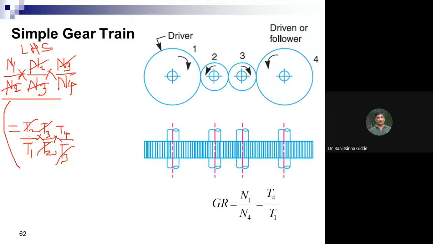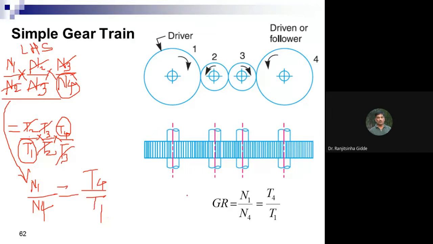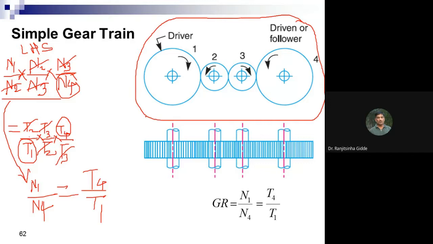So from this, what is remaining? n1 upon this n4 is equal to, what is remaining? T4 upon T1. So I will write here T4 upon T1. Okay. So for this combination, this is the speed ratio.